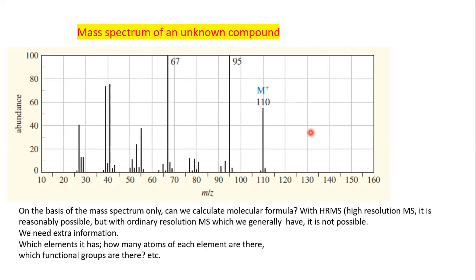But we have very important information here. This is the molecular ion peak, and this tells us the molecular mass, okay? So the question is, if we know the molecular mass and of course some other information, then can we elucidate the molecular formula of a compound? The answer is yes. Okay, let's see.